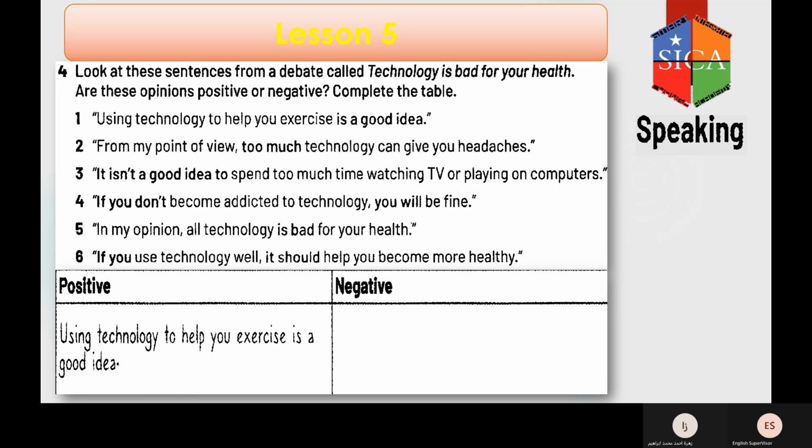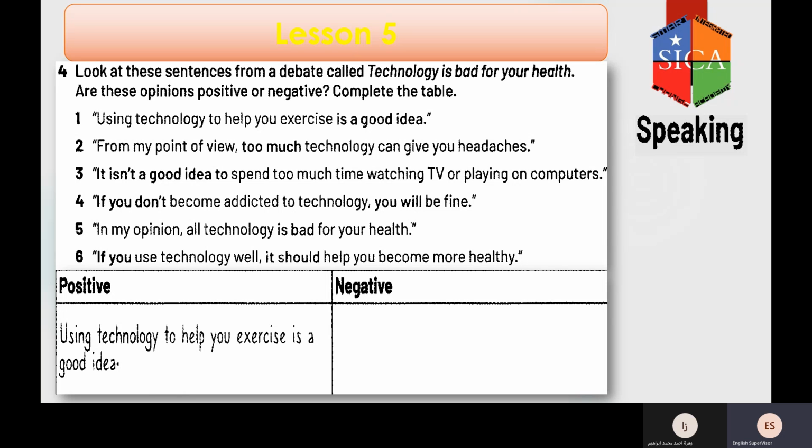It is not a good idea to spend too much time watching TV or playing on computer. Not a good idea, so it is negative. Okay, negative.